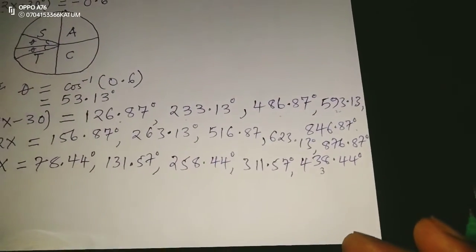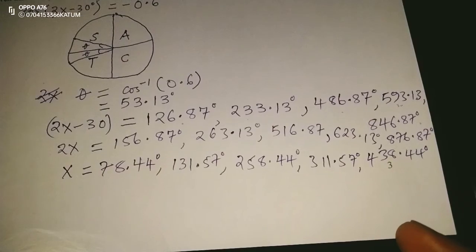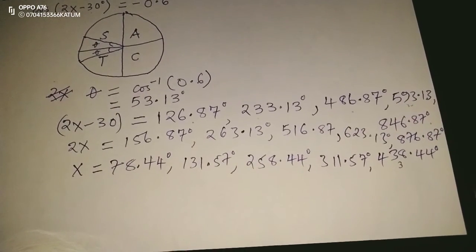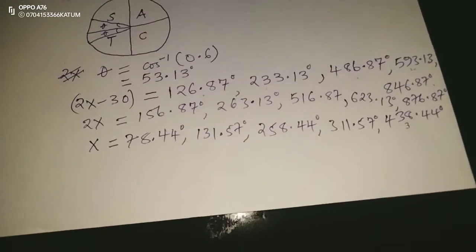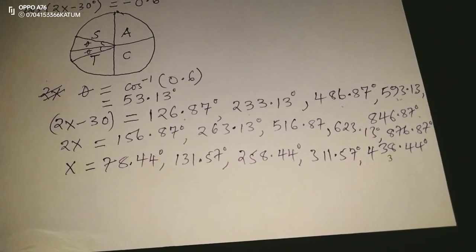Now I want us to answer this question with reference to the above range, between 180 and 360. Therefore, between 180 and 360, I'm only going to have two angles.